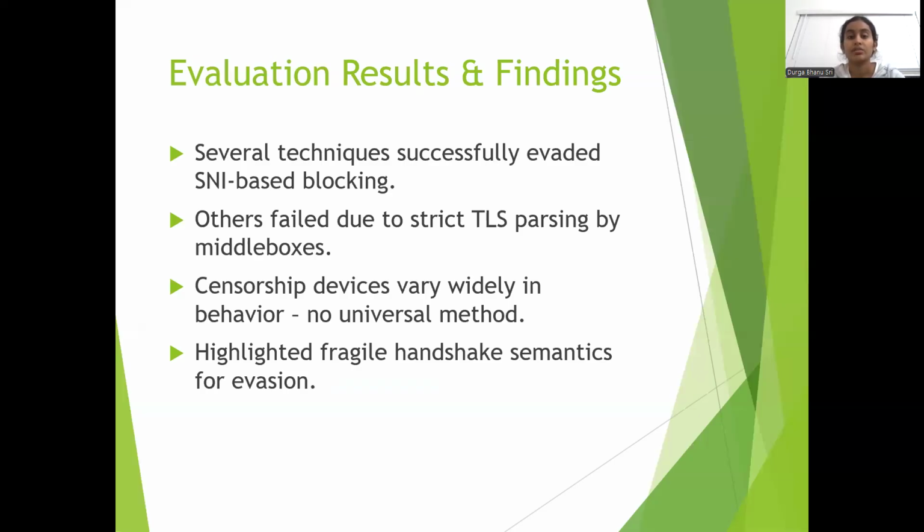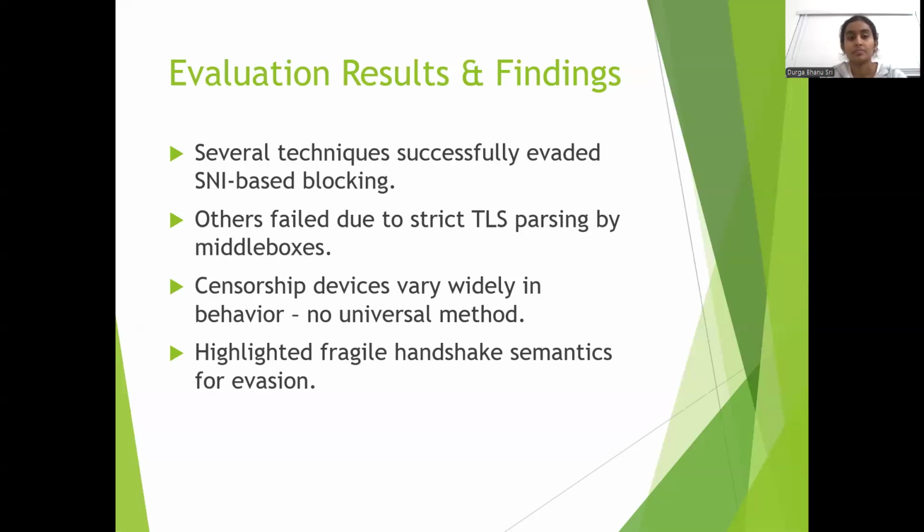Some techniques fail due to middlebox strictness or non-tolerance of anomalies in handshake structuring. On the diversity of censor devices, different appliances in China handle TLS differently. So no one technique is universally effective. And a note is that the work reveals fragile circumvention surfaces and emphasizes the importance of cross-layer fingerprinting.